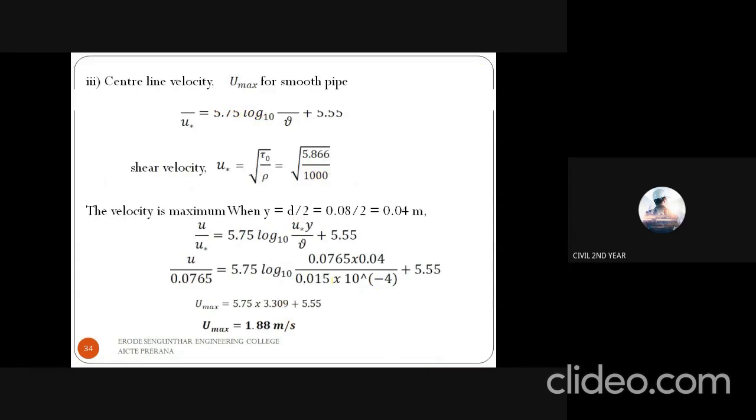And the third parameter, the center line velocity U max for the smooth pipe. The formula is U by U star, which is equal to 5.75 log 10 of U star Y by kinematic viscosity plus 5.55.